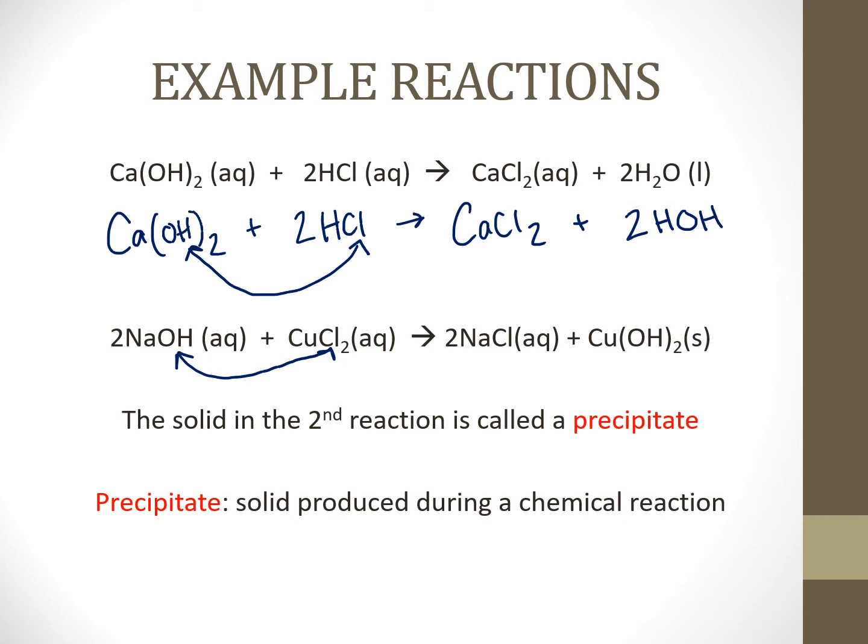It will stay the same. So the copper on the reactant side was a 2+. It's still a 2+ on the product side. That does not change. And just to start getting used to this, the solid produced in the second reaction is called the precipitate. So anytime you have a solid produced in a chemical reaction, we call that a precipitate. And in the next topic, we're going to talk about how you know if something's a precipitate or not.